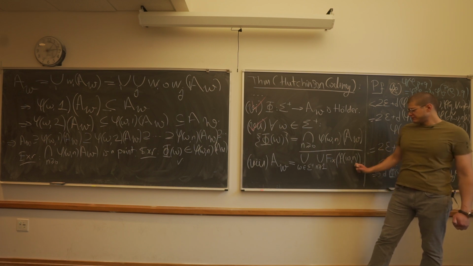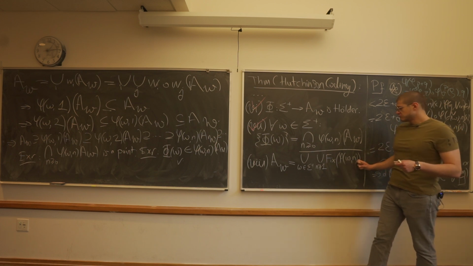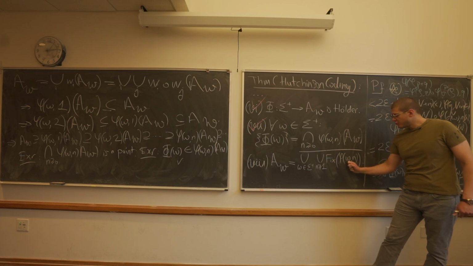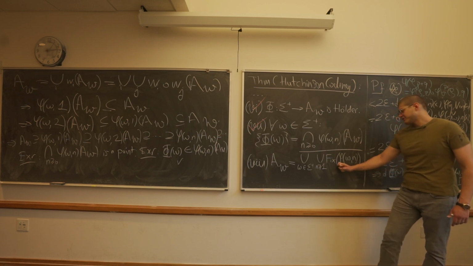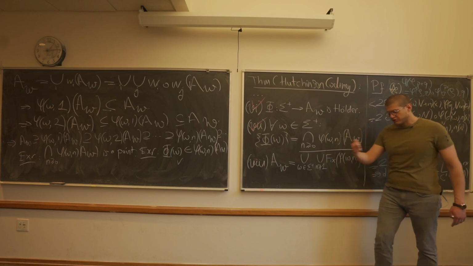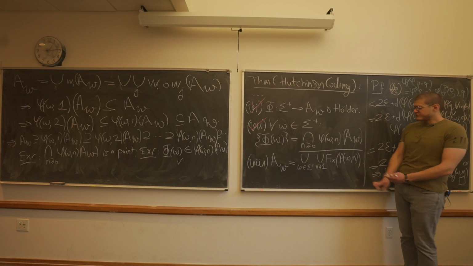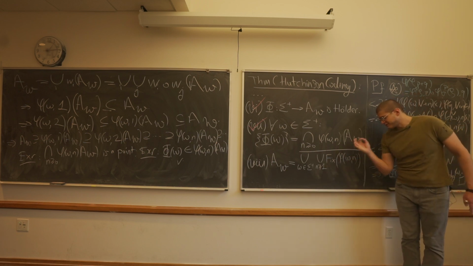Recall that phi of omega comma n is a composition of contractions, which means it is a contraction. It's acting on a compact metric space, or a complete metric space if you want, which means that it has a unique fixed point, so this set of fixed points is actually one point.